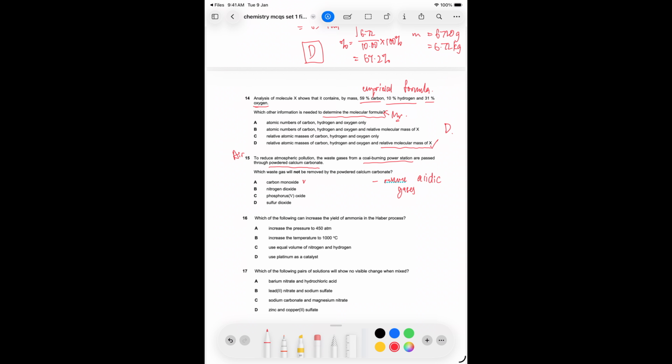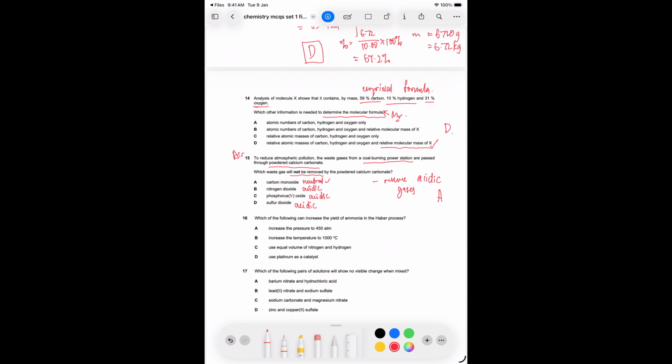So this is neutral, this is acidic, and this is acidic, and this is acidic. All these are acidic oxides. So which waste gas will not be removed? Answer is only A.